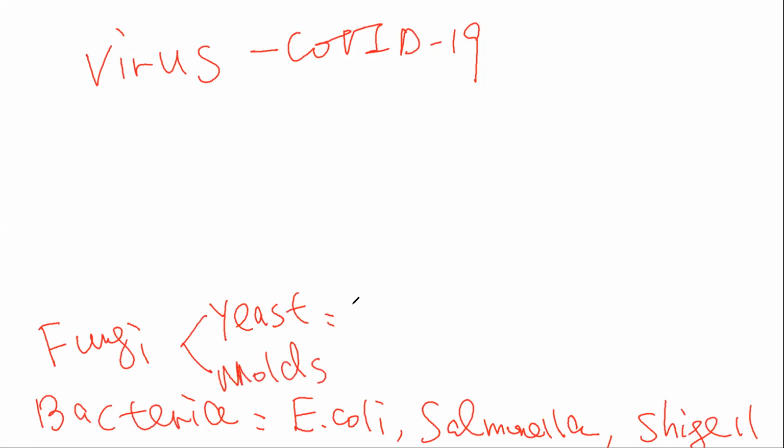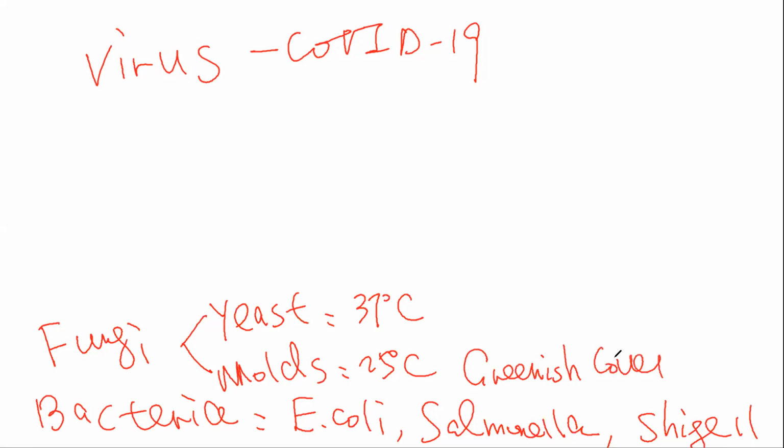Now, yeast usually grow at 37 degrees Celsius, molds at 25 degrees Celsius. And for molds, think about you left rice on your bench in the dorm, then you didn't take care of it. A couple of days later, you will see that greenish cover on the surface. What is that? That is mold, okay?